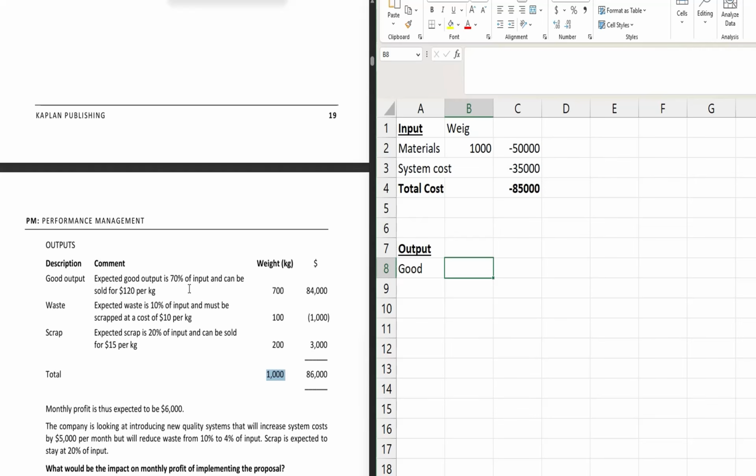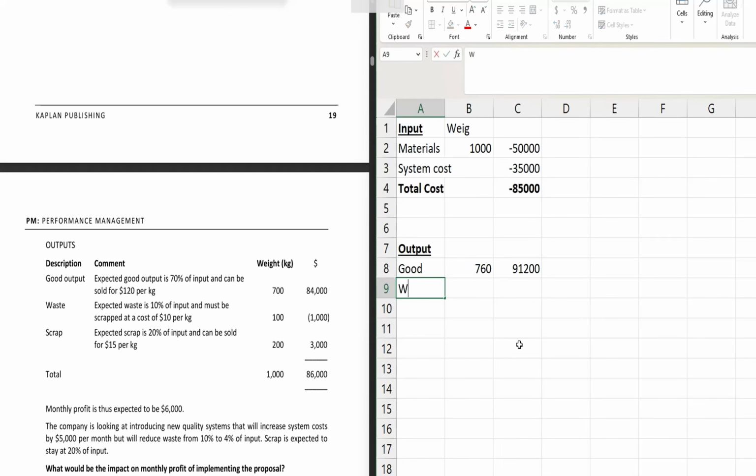Now altogether we have 76% of the good output. All right. So 76% of 1000 and it will be sold for 120. Question already mentioned that, and it is income, so we will write it in positive.